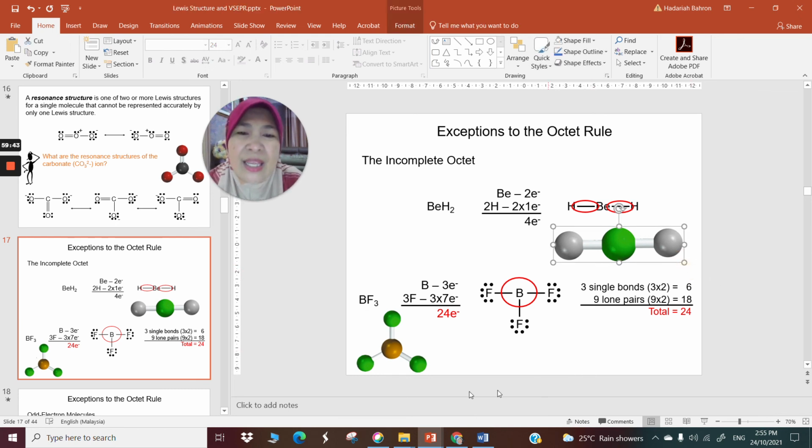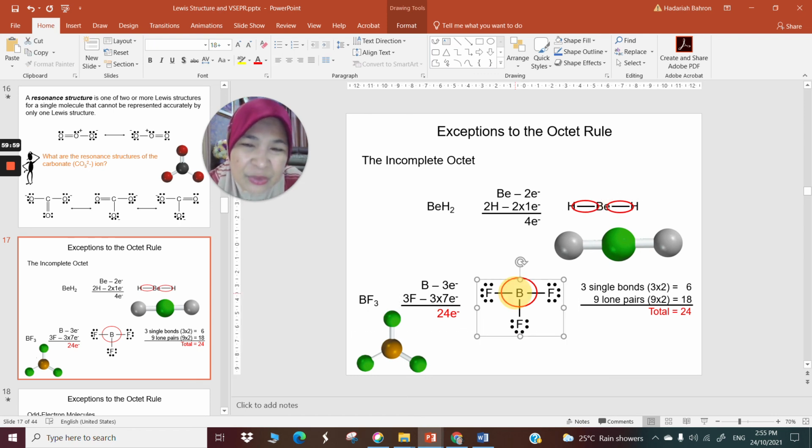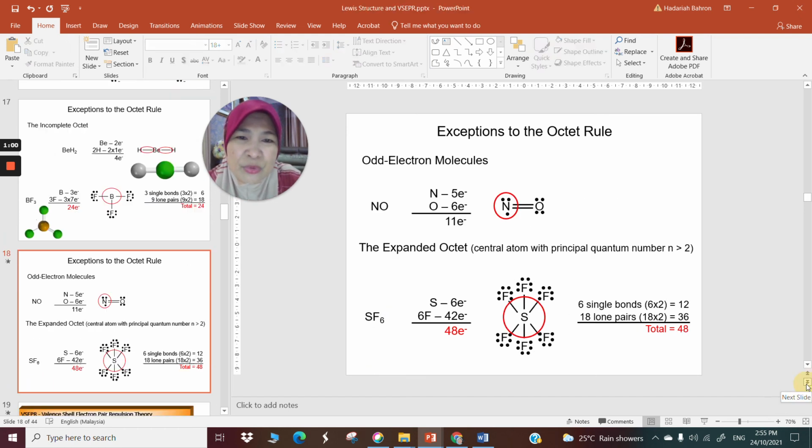And you may also have your boron here, also an incomplete octet, but that is fine. So beryllium here will have only 4 electrons, and your boron here will have only 6 electrons, and these two molecules are stable, so we say that those are exceptions to the rule.